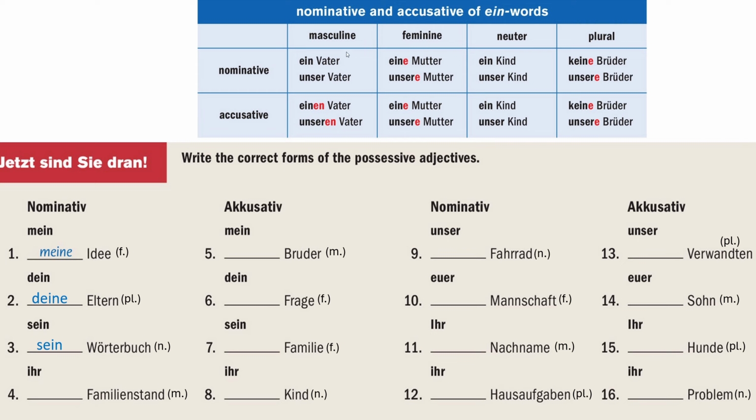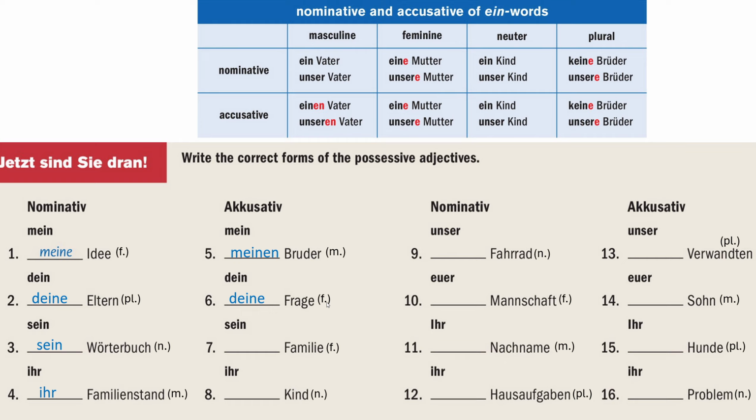Maskulin, no ending in the nominative, so it's just ihr Familienstand. Accusative, okay. Mein Bruder, maskulin in the accusative gets an en, so it's meinen Bruder. Frage, feminin, no change, but there is that e ending, both in the nominative and the accusative, so deine Frage.